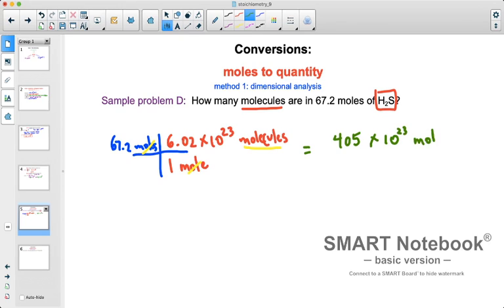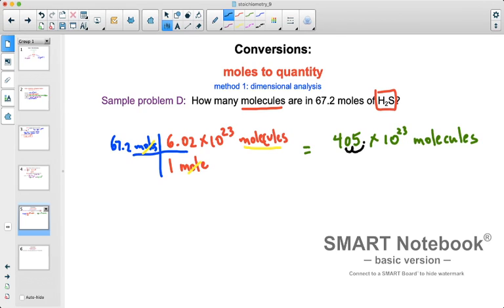Now, this answer is not correct because the scientific notation is not in the proper format. So just like before, I need to make my base number less than 10. Now, by making my base number less than 10, I need to make it smaller. So this imaginary decimal that sits at the end of the number needs to move to the left 2 times.